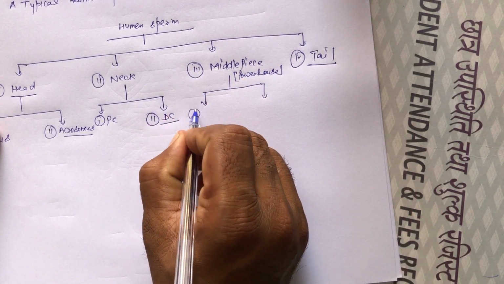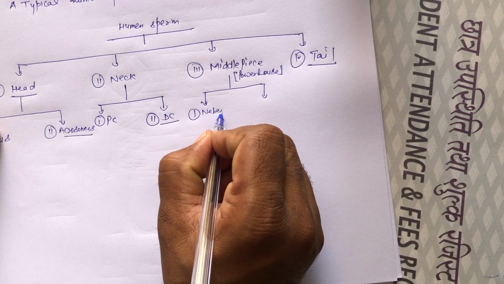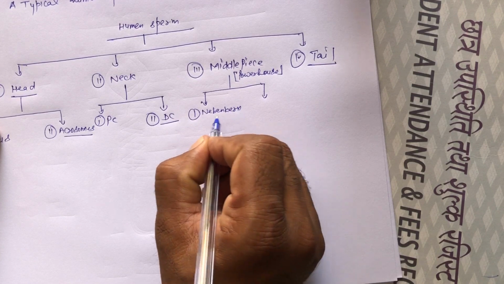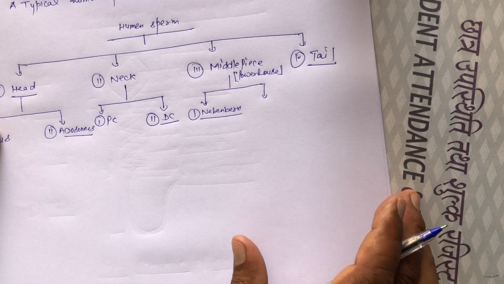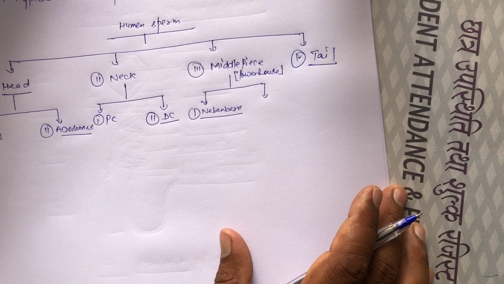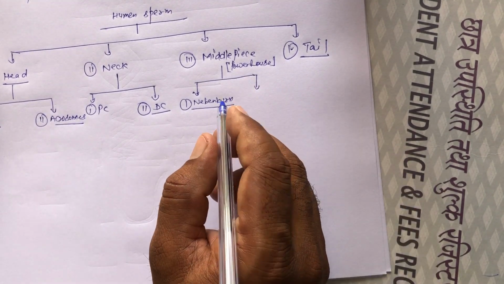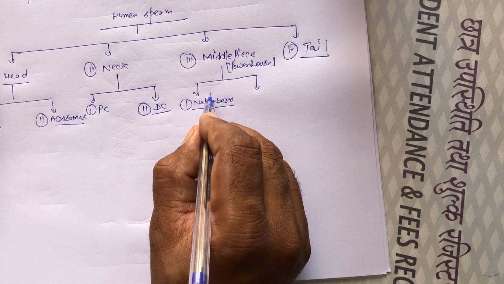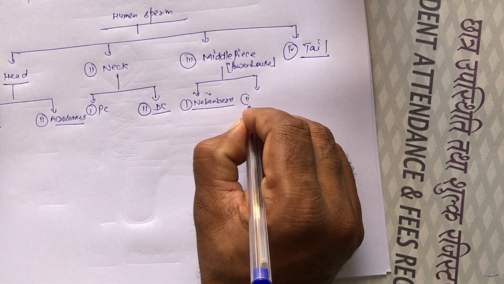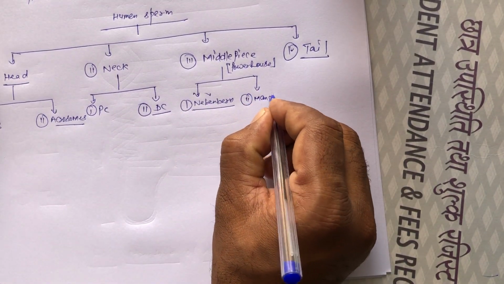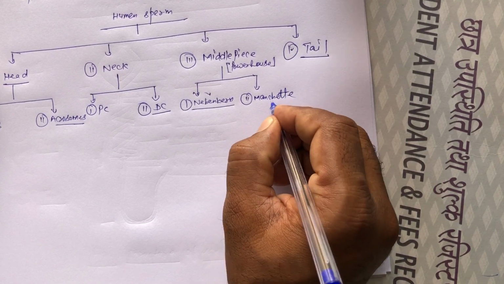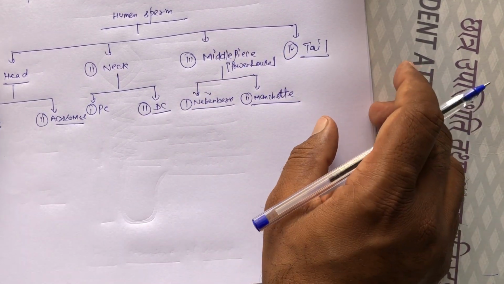First is the Nebenkern, a spiral structure of mitochondria. It means mitochondria are arranged in a spiral or ribbon shape form. It is called Nebenkern. Second, the manchette contains cytoplasm in the middle piece part.